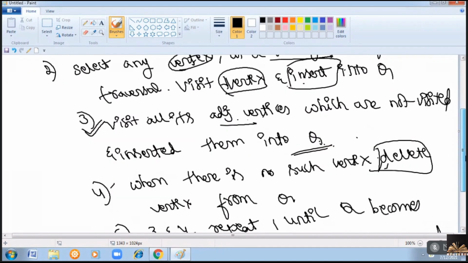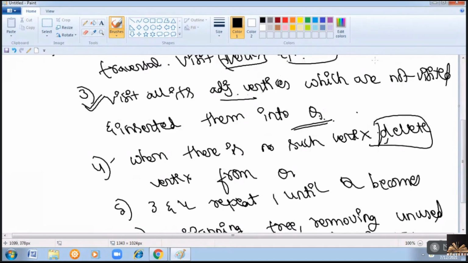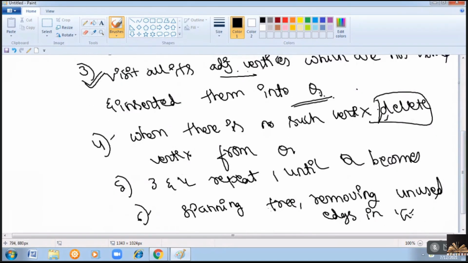When you don't have such vertices, you delete an element from the queue. And these steps are repeated until the queue becomes empty. When the queue is empty, you can get the spanning tree by removing the unused edges. Is it clear? Now we'll see one example with it.